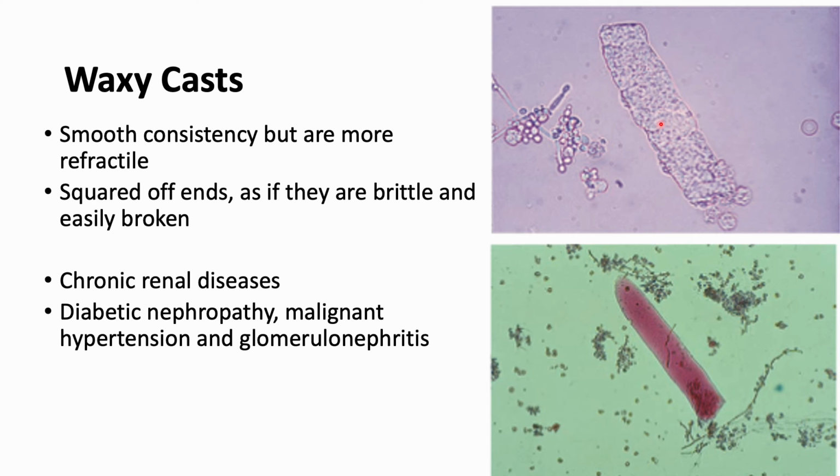It has a smoother consistency, becomes more refractile, and has squared-off ends. Waxy casts are seen in chronic renal diseases, diabetic nephropathy, malignant hypertension, and glomerulonephritis. With supravital stains, the waxy casts tend to stain a homogeneous dark pink.